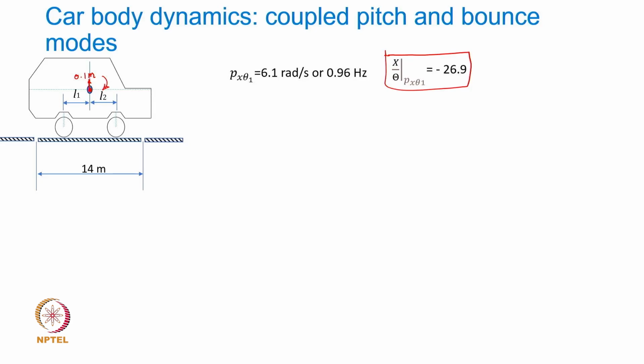So if the body displaces by x equal to 0.1 meter, then I can find out what would be the corresponding pitch, right? And that would be how much? It is going to be 0.1, that is capital X, sorry, divided by minus 26.9, whatever that value turns out.